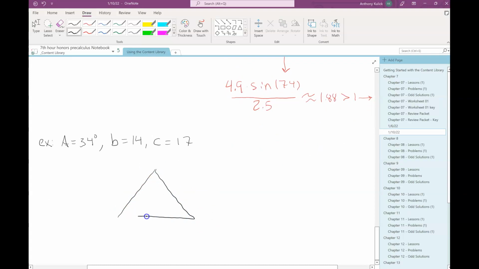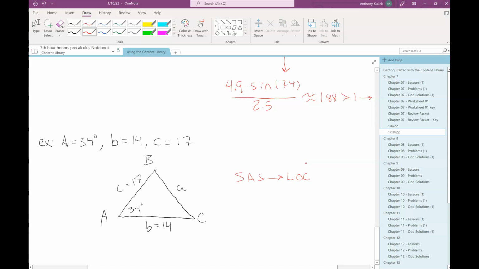So here's a situation where angle A is 34 degrees, side B is 14 units, and side C is 17 units. So we'll draw and label our picture. What situation is this? This is side angle side, which tells me I should be using the law of cosines.